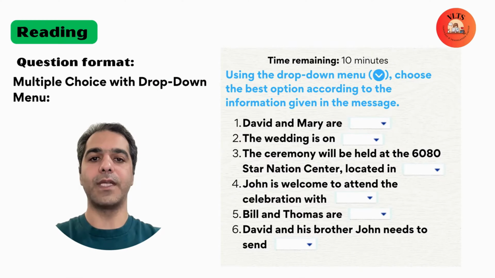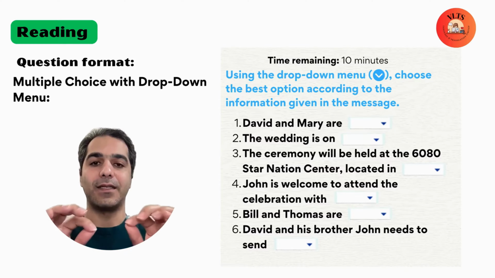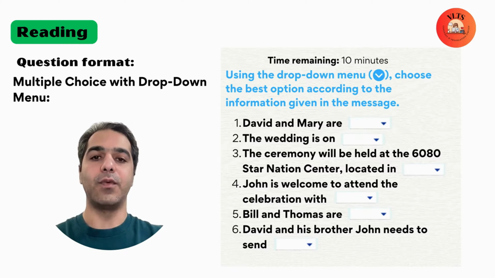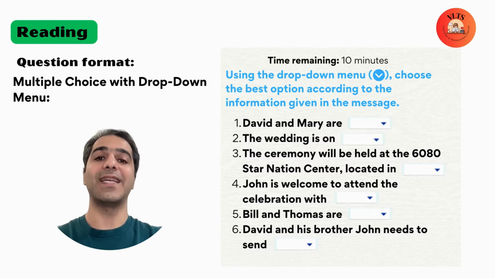In part 1 of CELPIP reading, you will be presented 6 questions in the form of incomplete sentences with a drop-down menu. You have to read the statements, find the keywords, and choose the best option that corresponds and aligns with the information stated in the email.